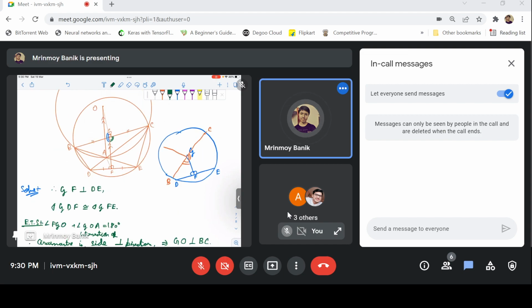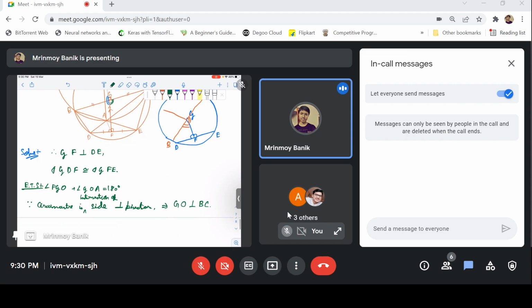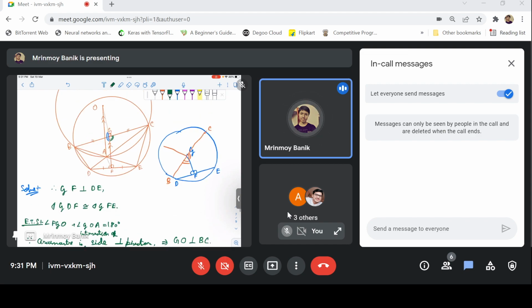If that is true, okay, then what is FGO? So that implies angle BGO and angle CGO are both 90.